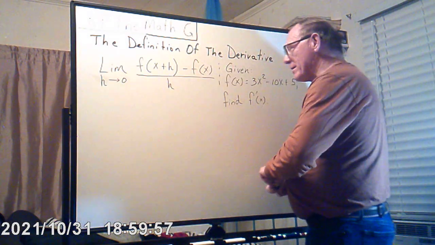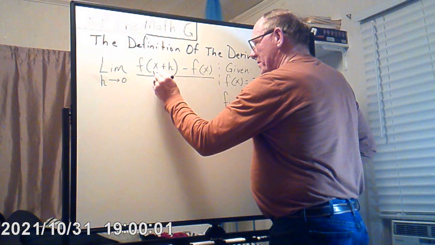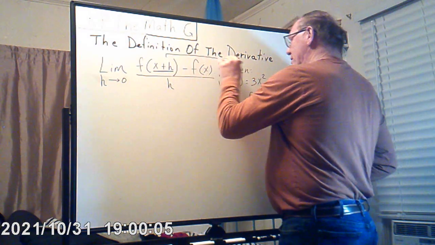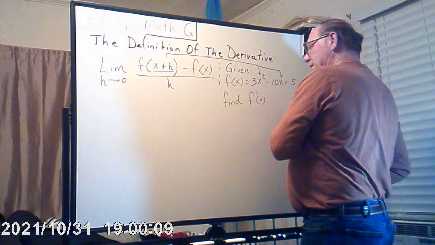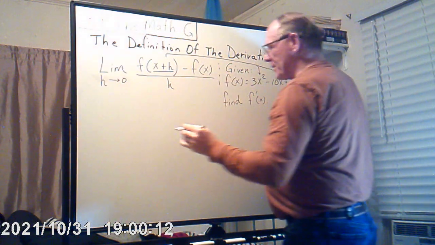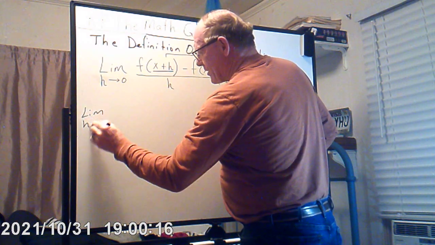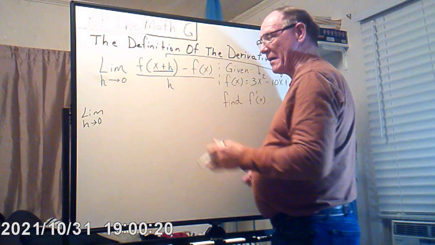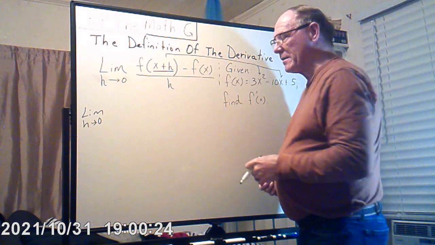Remember now, the first part of this is x plus h, and it's going to go in each one of these x's, here and here. So at the very first, we're going to have 3, the limit as h approaches 0. Don't ever forget that part of it when you're taking a test or doing an open response problem.